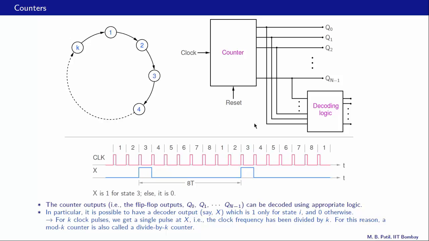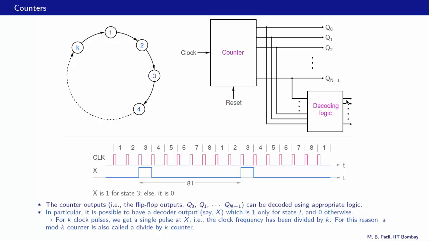Let us now look at this decoding logic. This logic is nothing but some combinatorial circuit suitably designed so as to get some desired outputs here. Could be one or more outputs. Now, since the counter is cycling through k states, these outputs will also be periodic.